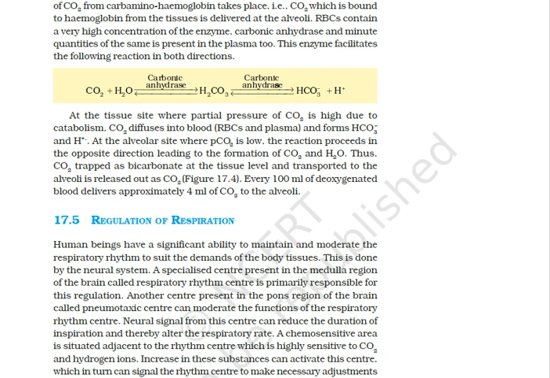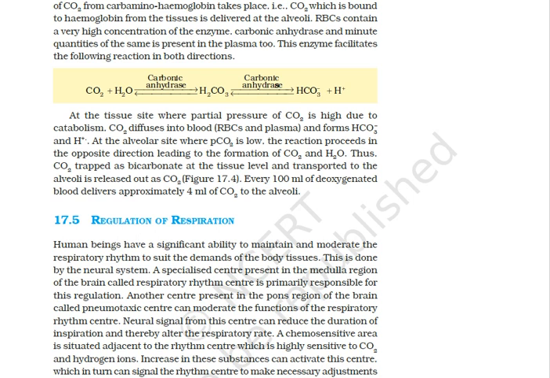Another center is the pneumotaxic center present in the pons region of the brain, and it can moderate the functions of the respiratory rhythm center by sending signals through the neural paths. It can reduce the duration of inspiration, and thereby alter the respiratory rate.